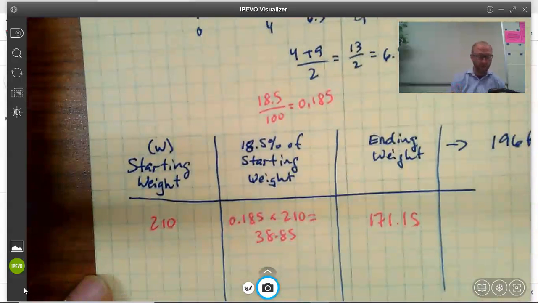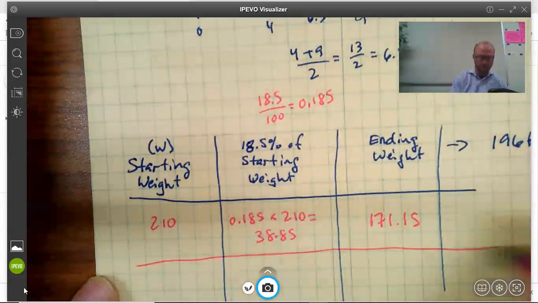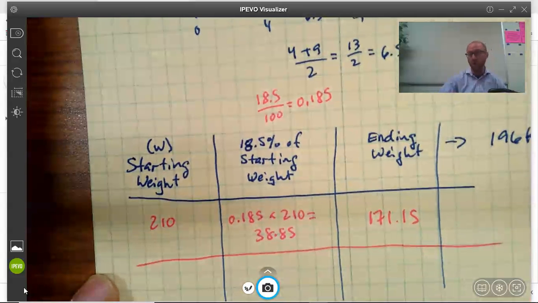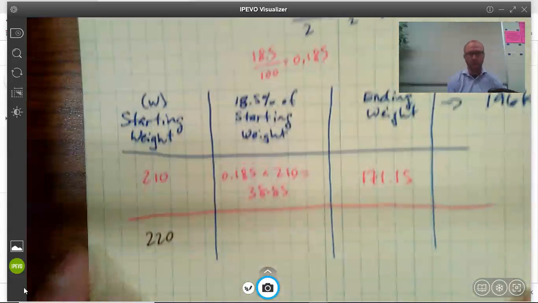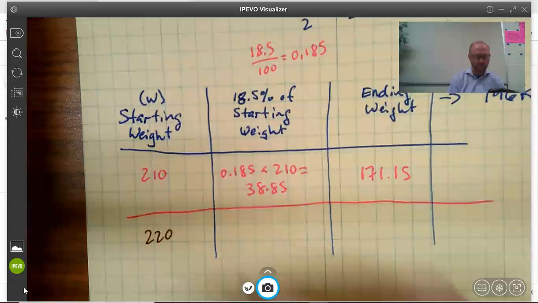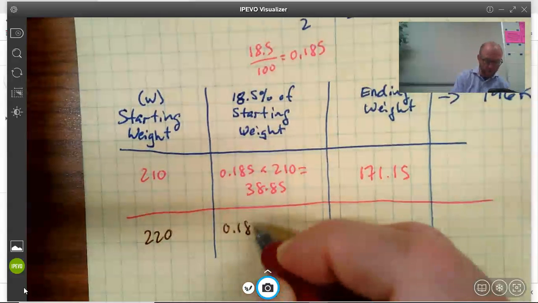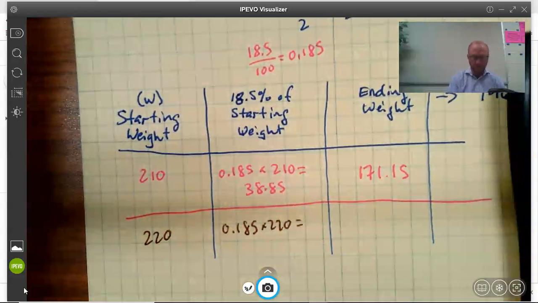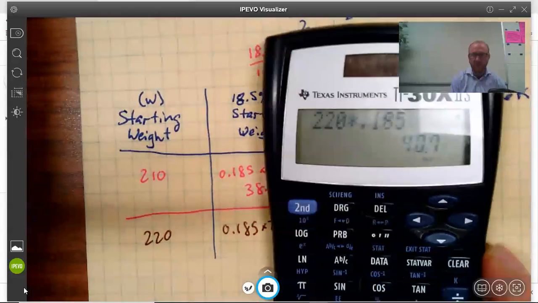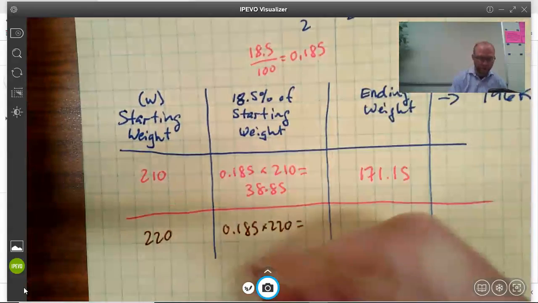So let's try it with 220. 18.5% of that is 0.185 times 220, which is 40.7.